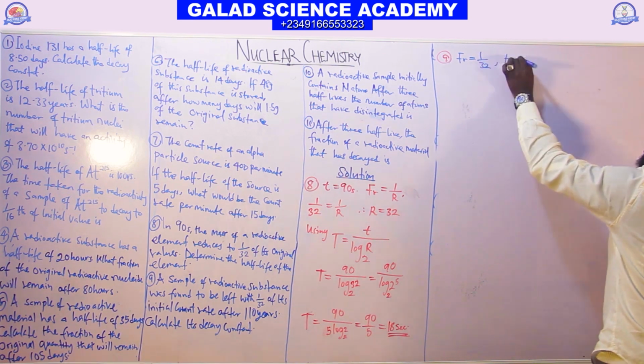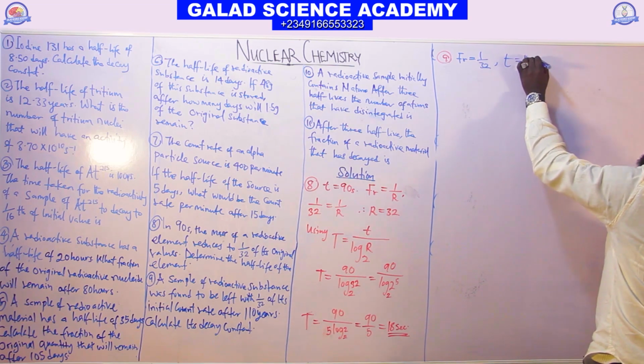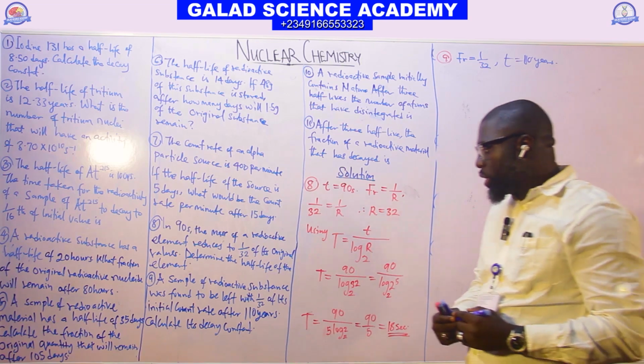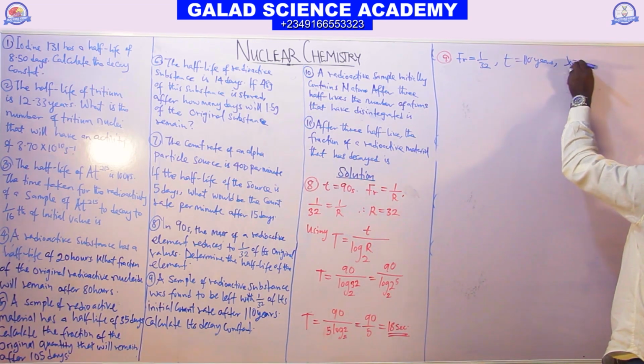So my t is 110 years. Good. Calculate its decay constant. So the lambda is unknown.